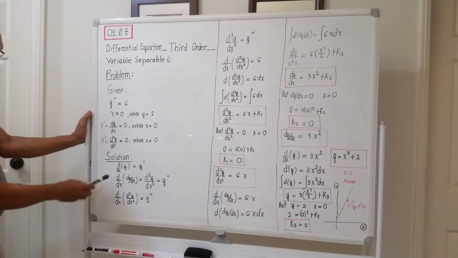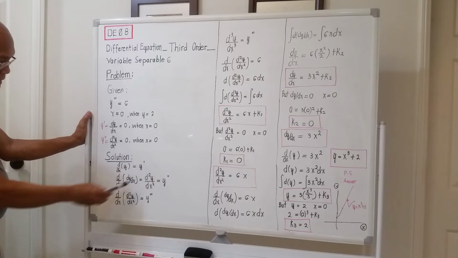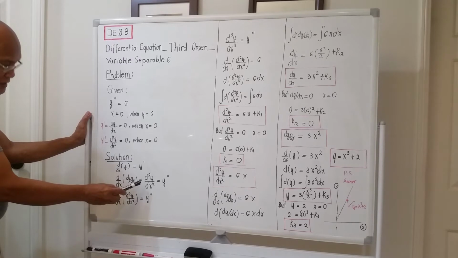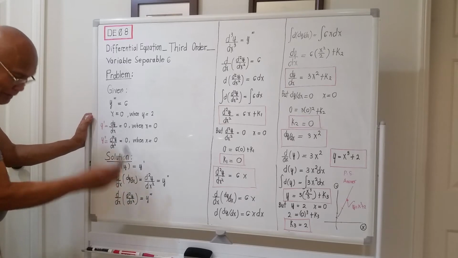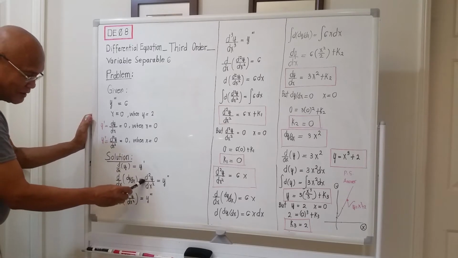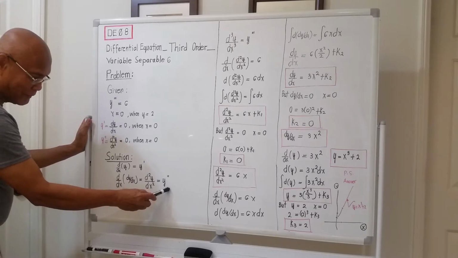The derivative with respect to x of y is equal to y prime. And the derivative with respect to x of the first derivative, if we simplify this, can be written also as d square y over dx squared, and that is actually y double prime.